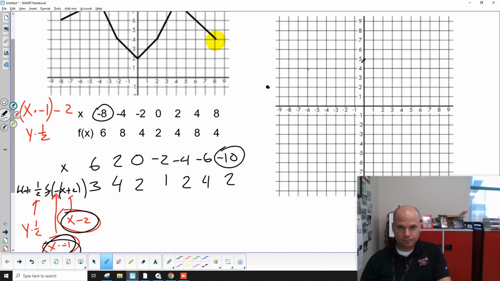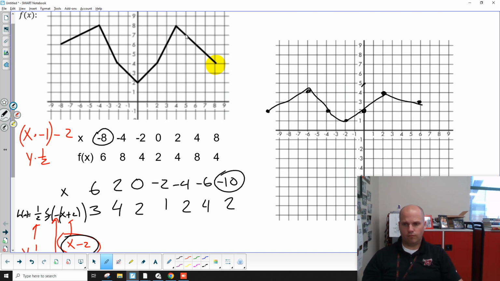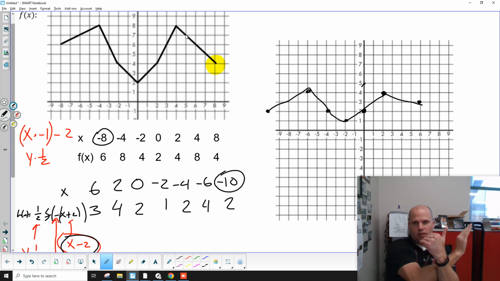-6, 4. -4, 2. -2, 1. 0, 2. 2, 4. 6, 3. This is vertically dilating, reflecting over the x-axis, shifting left 2.